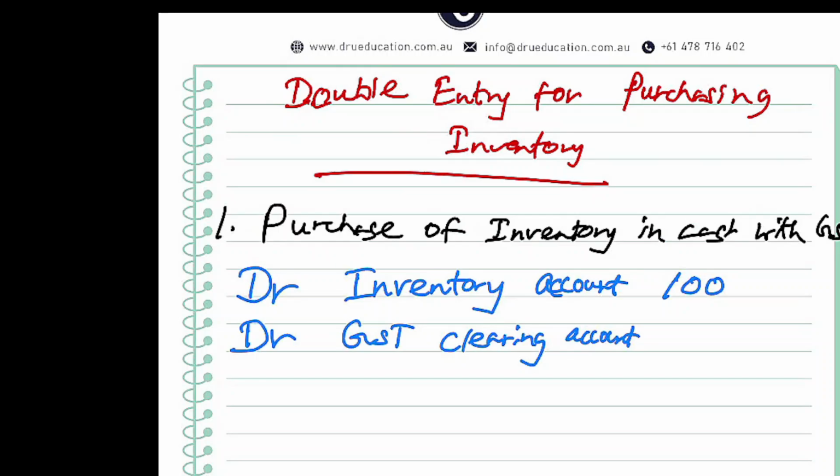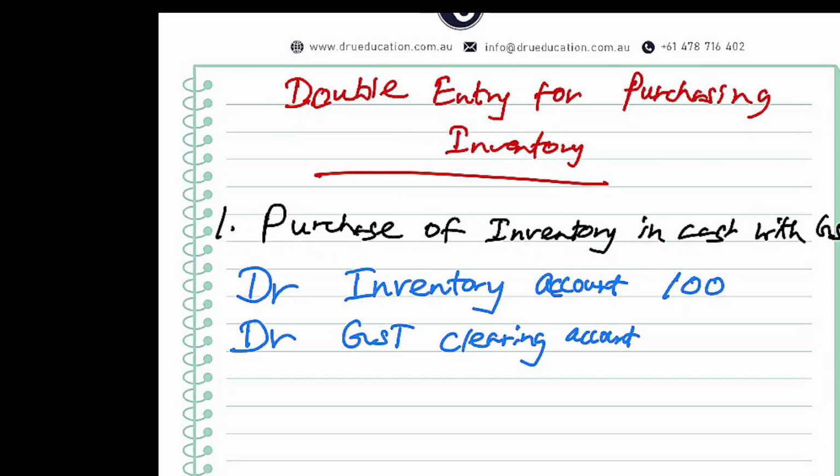When we make more sales, we are going to collect more GST than we pay. So when we collect GST, it is a liability, because we can't keep the GST. Can you put it in your pocket?